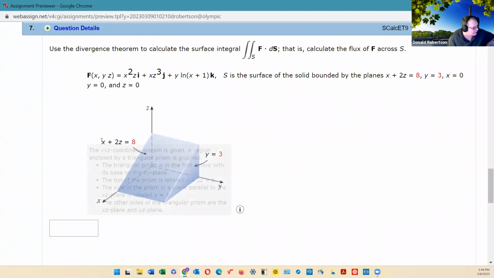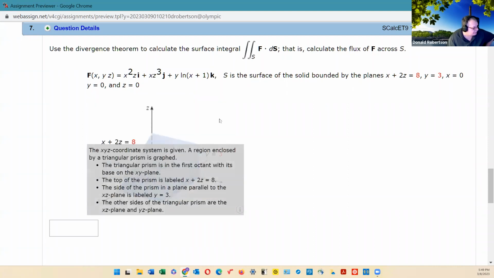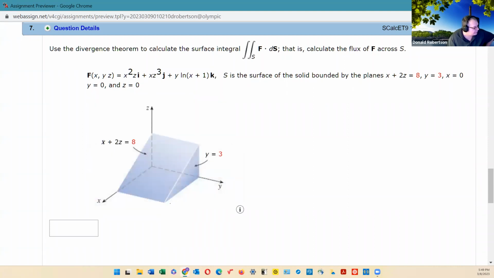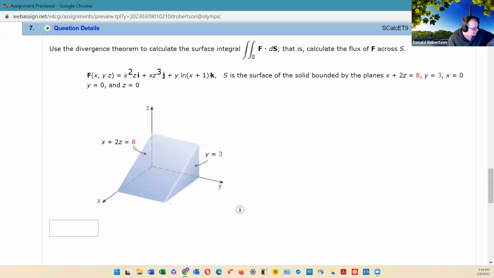I will rearrange this equation here. Anyway, this thing here on the left, I will rearrange it to be z equals. And that will tell me the range for z. Z will go from this number or this expression to that.